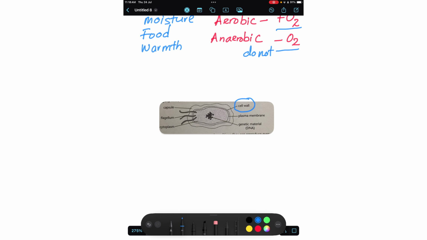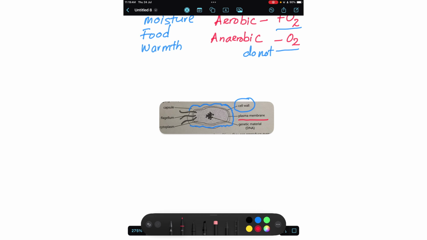Outside the cell wall, there is another layer called a capsule. Inside the cell wall, there is a plasma membrane.